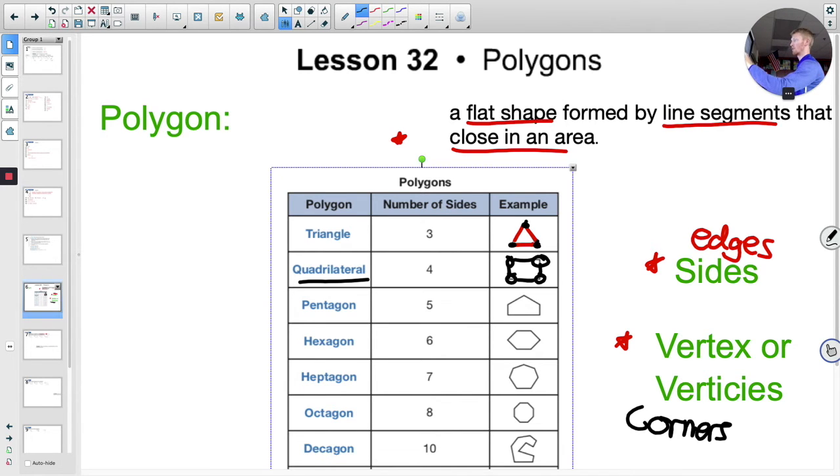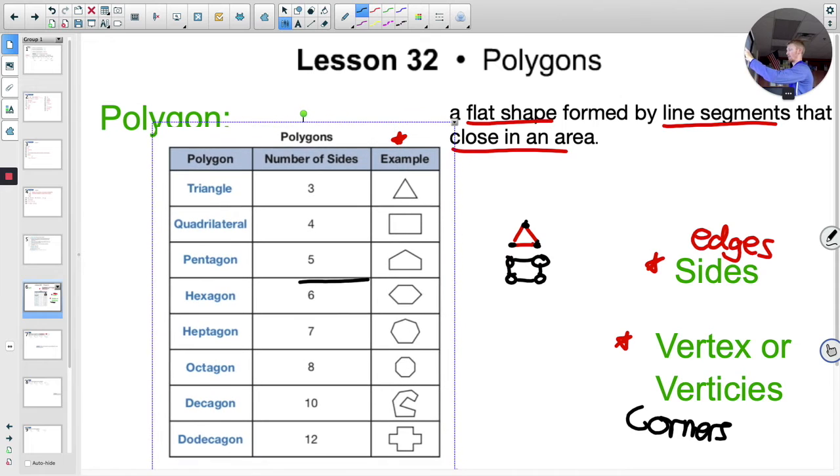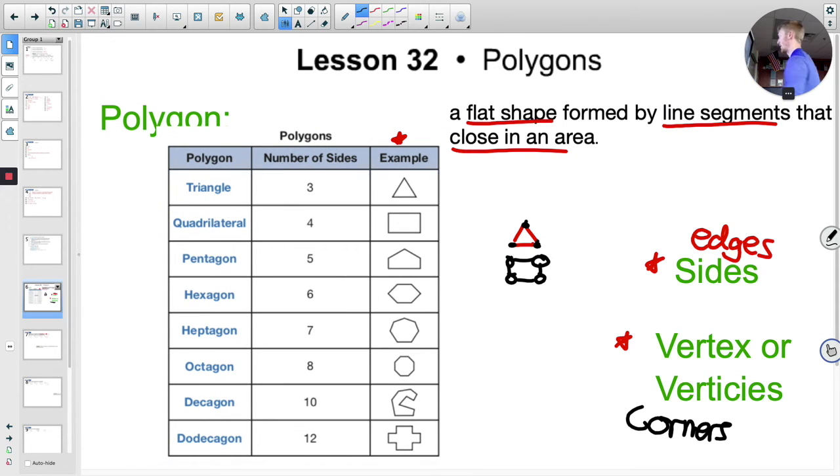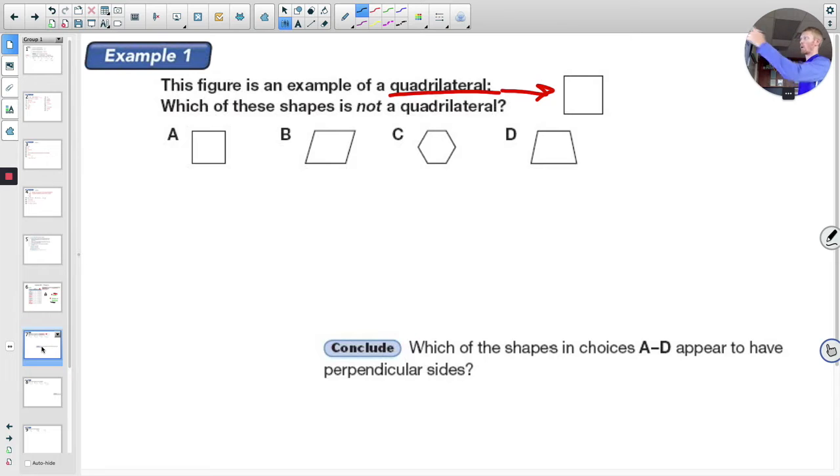This would be also a good thing for you to copy down into your notes if you want to pause the video and copy down this chart: triangle, quad, pentagon, hexagon, heptagon, octagon, decagon, dodecagon. Try to have those memorized so you know how many sides each of those has. So quadrilateral has 4 sides. Which one of these has 4 sides? This one does, and this one does. So this would be the one that is not a quadrilateral.